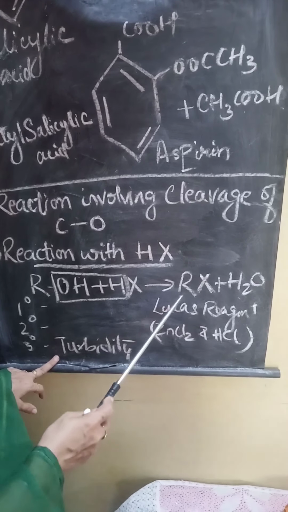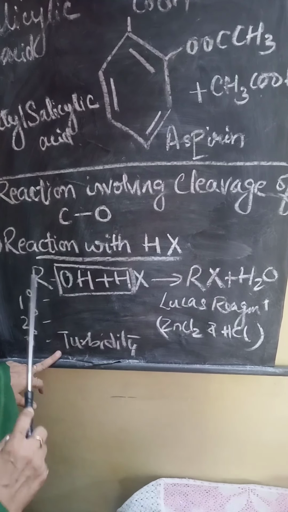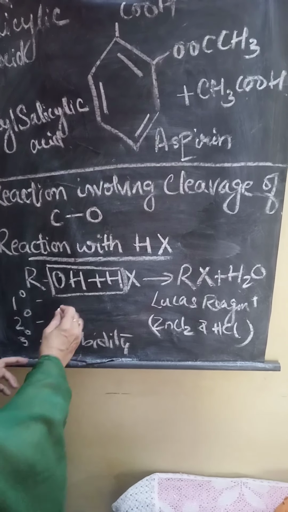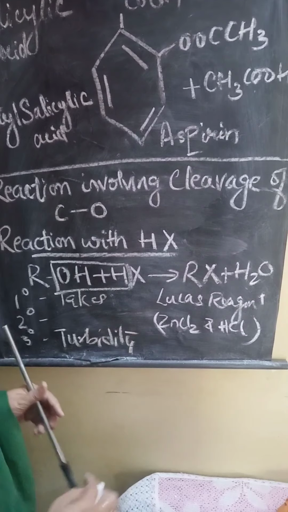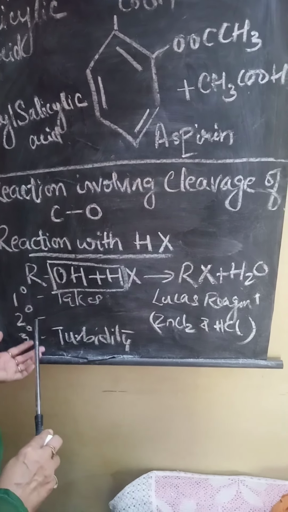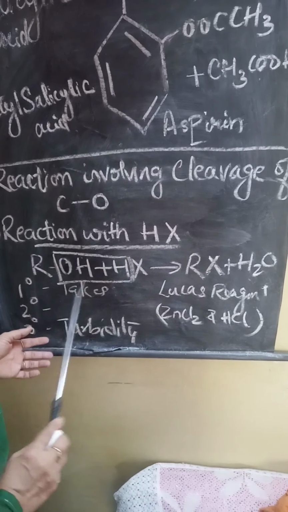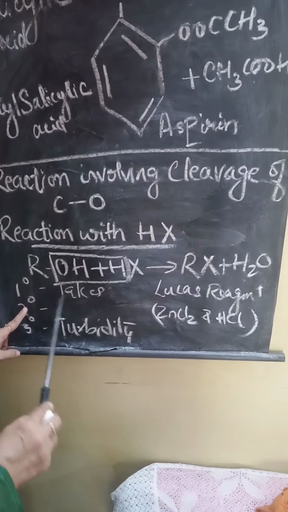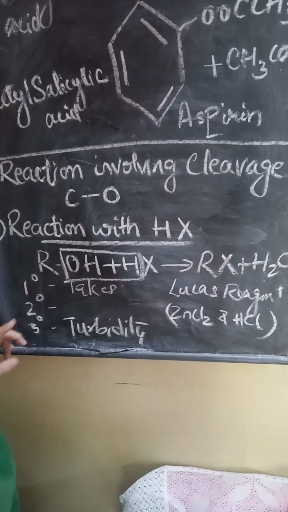That means the reaction gets completed very fast. That shows that tertiary alcohol reacts very fast, but primary alcohol takes time and also needs some temperature. Secondary alcohols form alkyl halides, and hence turbidity, at room temperature, but taking a little time.